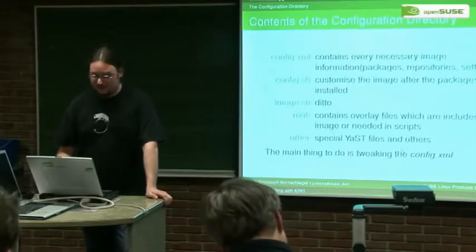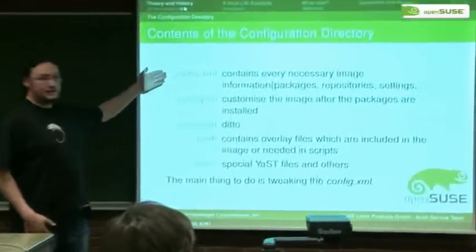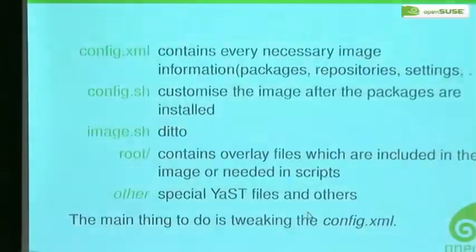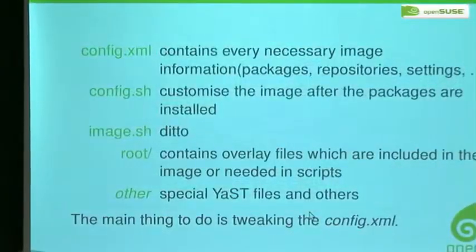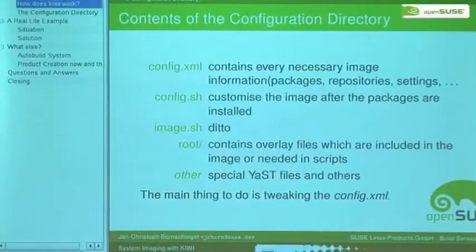The configuration directory contains several files. The most important one is config XML, containing every piece of information that your image needs: package list, repositories, usernames, user IDs. We can switch back to this. I can explain it with an example.